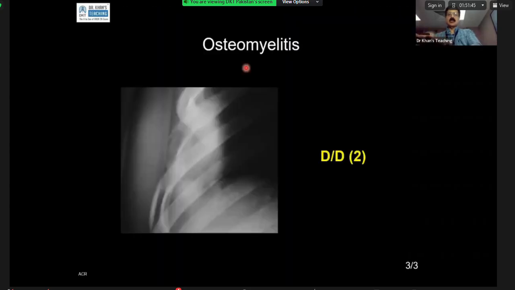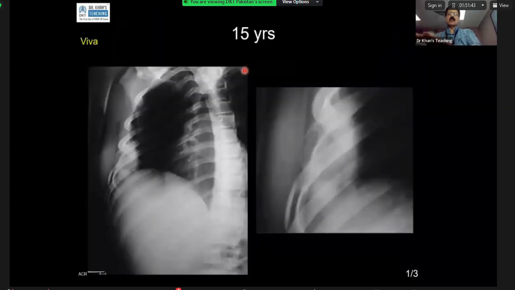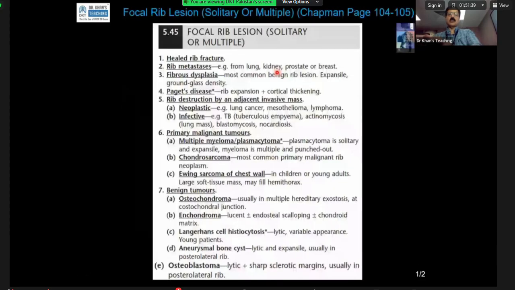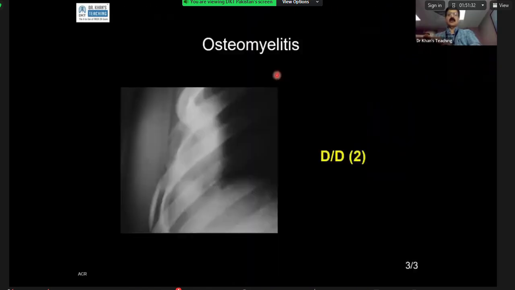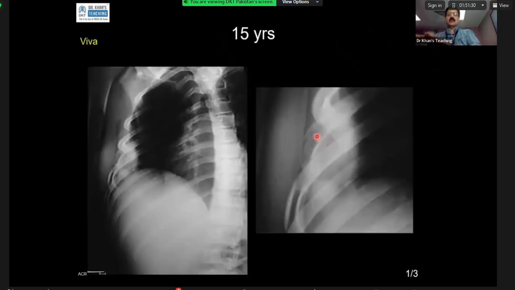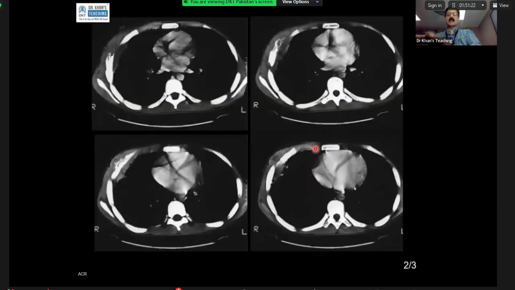You did confine yourself to a young age group, 15, in your differential, but enchondroma, this is not at all enchondroma. Enchondroma is not an aggressive appearance. It will not cause this destruction.